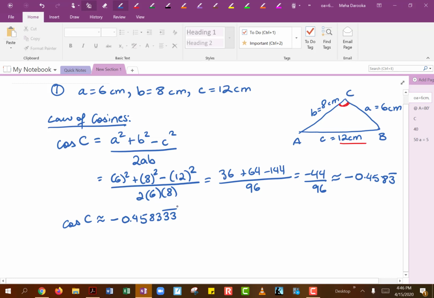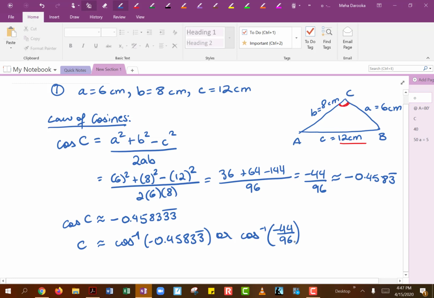So if you take cosine inverse on this number, or arc cosine, doesn't matter, you will end up with, and you can do it on the decimal approximation, just make sure you're keeping all the decimals, or you can also do cosine inverse on this fraction, which was negative 44 over 96.